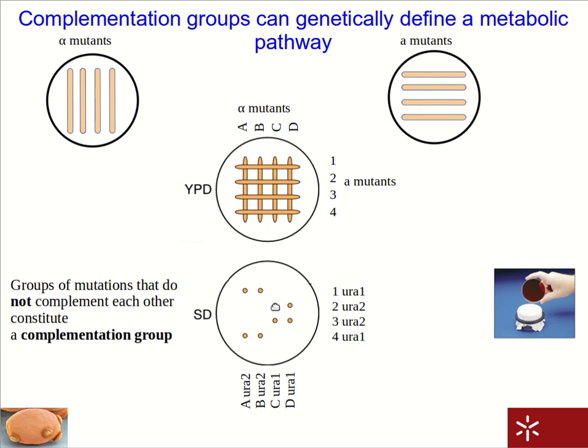Only some of them will grow, meaning that they are affected in different genes. And what we say here is that mutants C and D and 1, for example, constitute a complementation group, because these mutants do not complement each other, meaning that they are affected in the same gene.